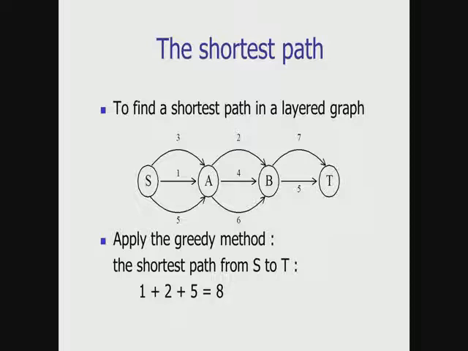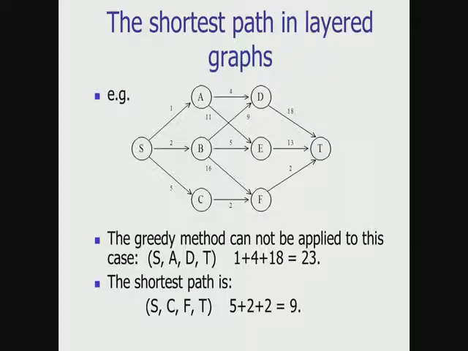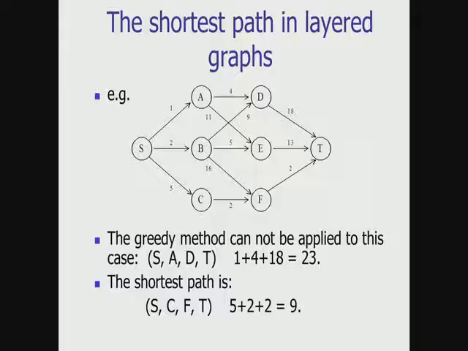In this example, the algorithm does output the shortest path, but let us look at the shortest path in a slightly more complicated looking graph. If we are greedy, then the greedy algorithm will choose the path which goes from S to the vertex A, because the edge weight 1 is the shortest among all the edges that go out of S, and from A it chooses the cheapest edge weight, which is 4, and takes it to the vertex D, and from D it chooses the shortest edge whose cost is 18.